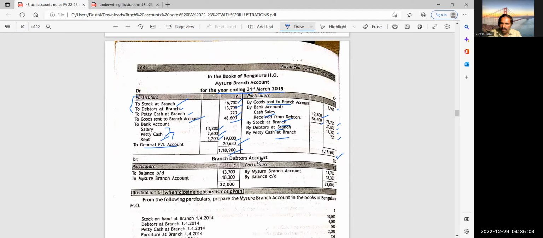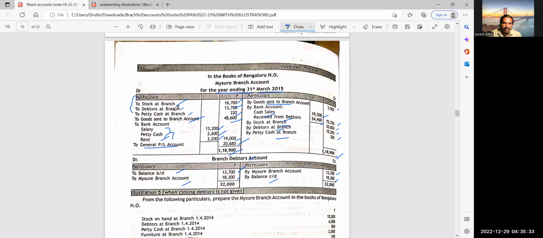Now if you prepare the branch debtors account, okay, same: to balance brought down 13,700, by balance carried down 18,300. To Mysore branch 18,300 and by Mysore branch 13,700. How to record this? Correct. What is this? Branch debtors.